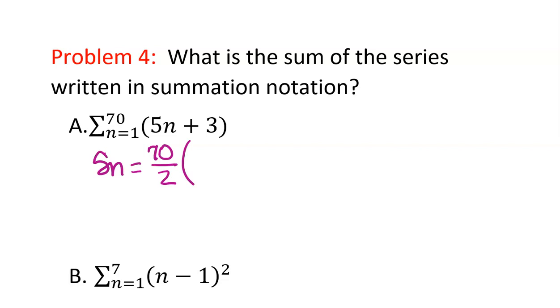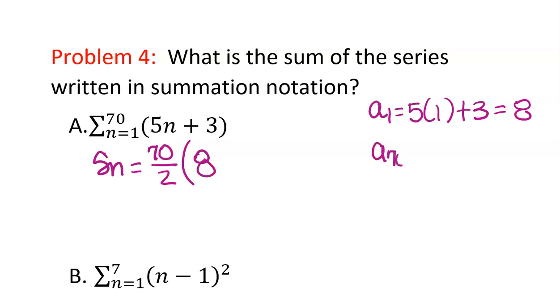Our first term, and you might have to go off to the side to find these, a sub 1 would be 5 times 1 plus 3, which is 8. So my first term goes in here. My last term would be a sub 70, which would be 5 times 70 plus 3, which is 353. We're going to plug that in here as well.